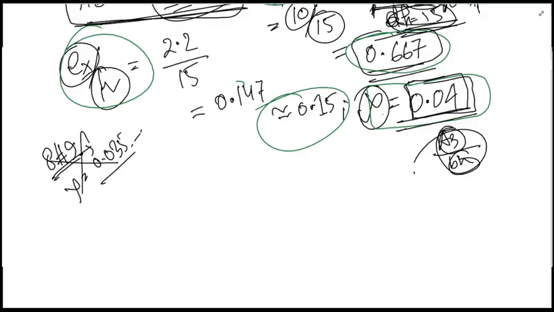Although, as you can see, we have obtained our gamma as 0.667, but here the gamma is equal to 0.6.